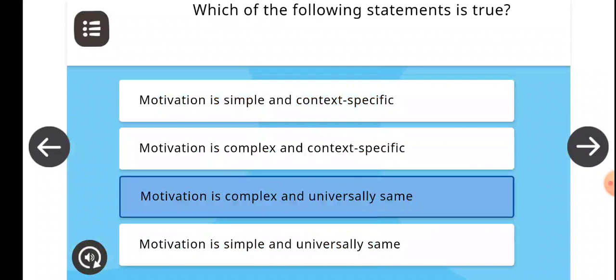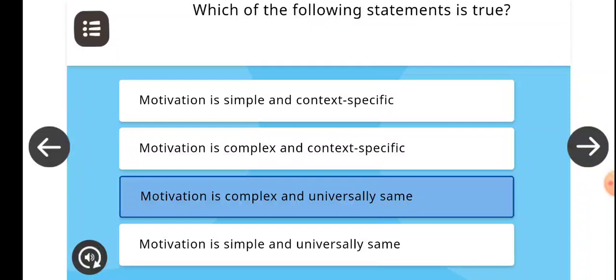Next, third: motivation is complex and universally same. No, motivation is not universally the same, because in your class, by bringing 20% of motivation, some students get into the lesson, and for some students we need 50% of motivation.